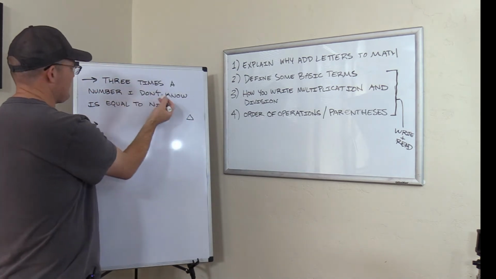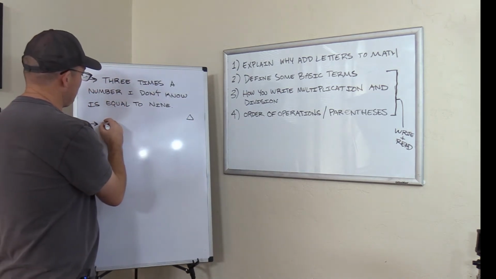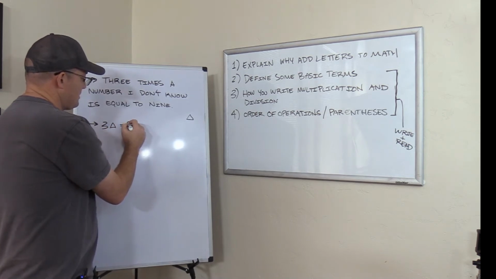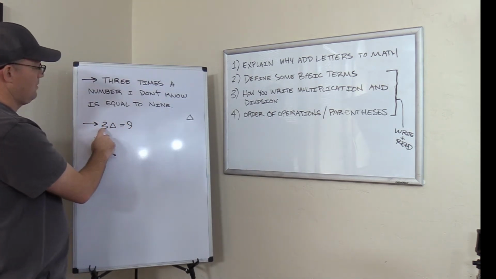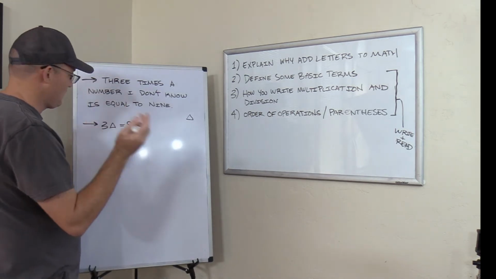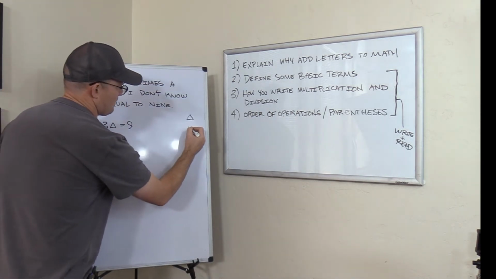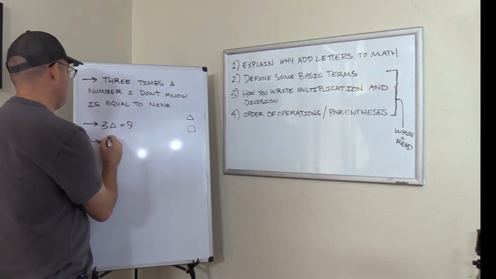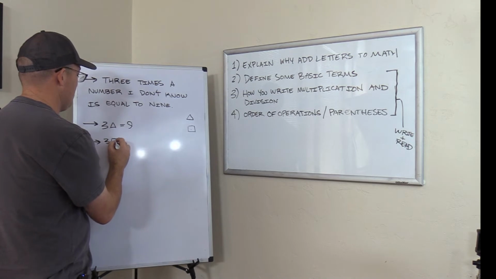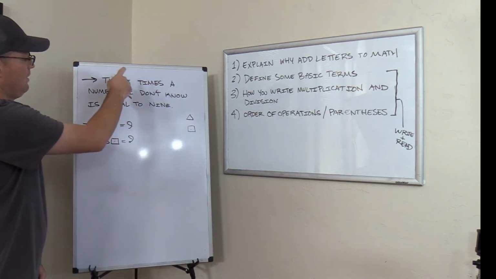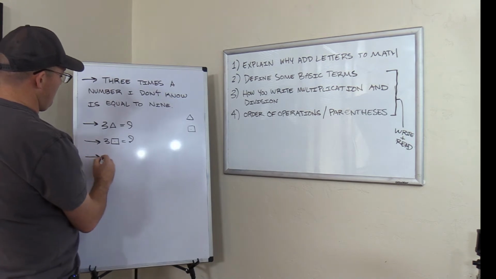We could write the same math problem with that symbol: 3 times a number we don't know equals 9. Or maybe we want to use a square with a dot in it. We could do that too. 3 times that equals 9.